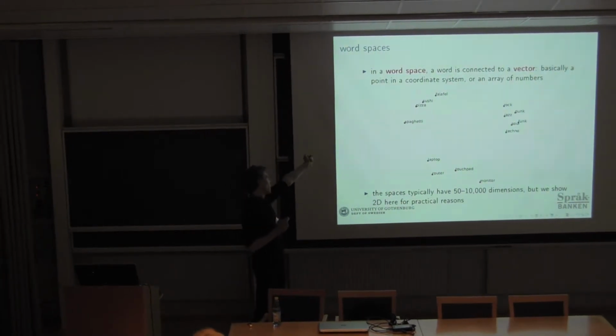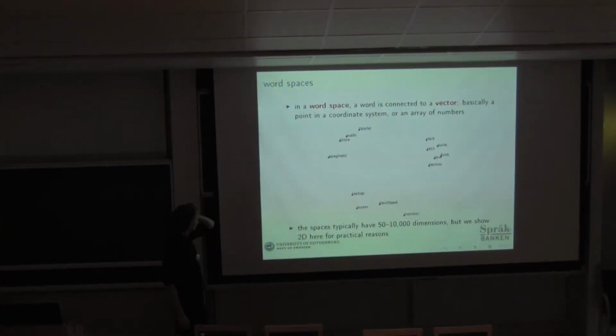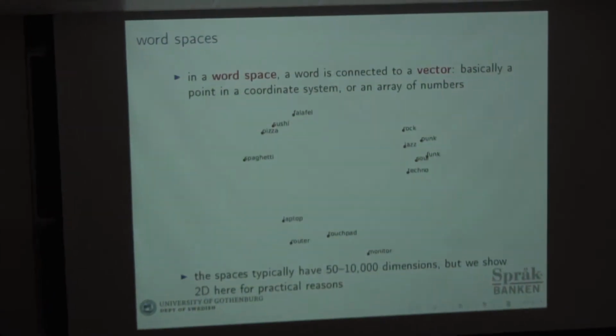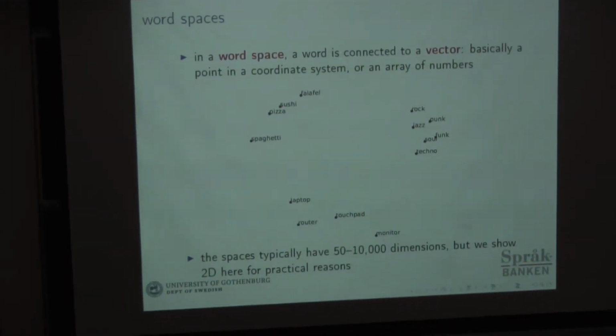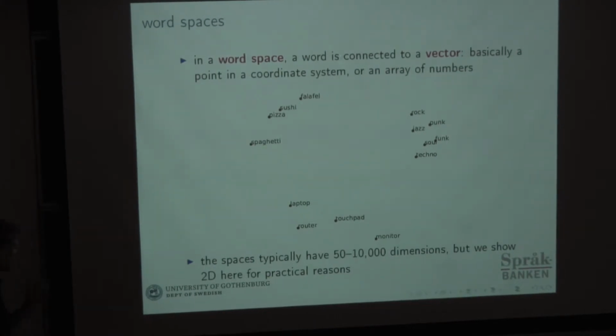Here is an example of two-dimensional meaning vectors for a number of words. We can see here that pizza and sushi are near each other in this word space. This means that they are similar words, words with fairly similar meaning.